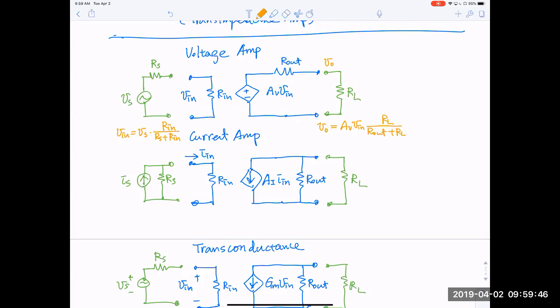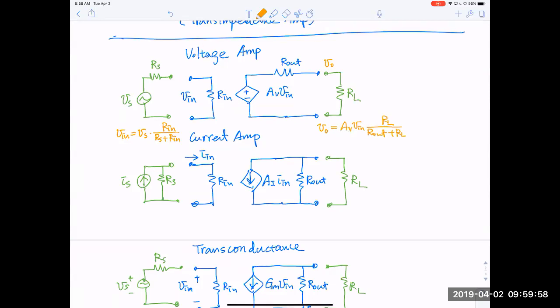Naturally, for an effective amplifier, you want most of your signal to drop inside the amplifier. You want V in to be as close to Vs as possible. So we can talk about the ideal values of the input and output resistance. For a voltage amplifier, you want R in to be infinite, as high as possible, kind of like open.